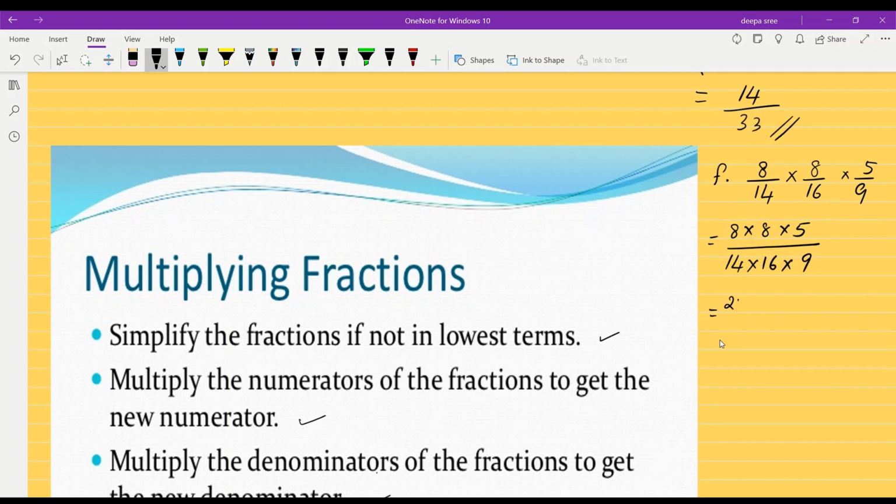So 8 we can write 2 3 times, 5 as it is, by 14, 2 into 7, 16, 2 4 times, 9, 3 2 times. Now we can cancel one 2, next 2, again 2, again 2, again 2. We cannot cancel any numbers now. 2 into 5 is 10, 7 into 9 is 63.